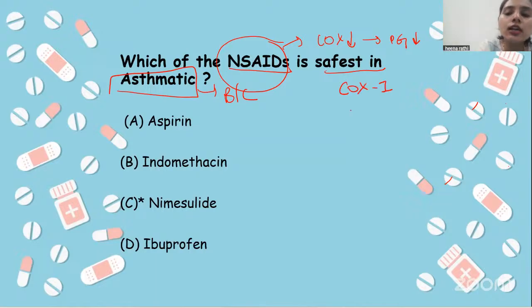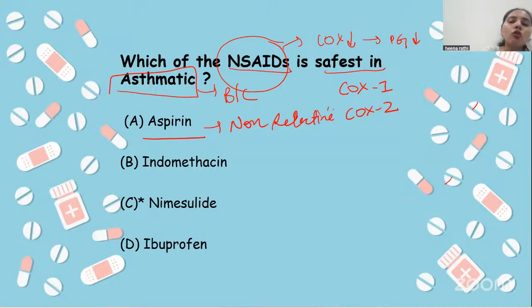We want lesser suppression of COX-1 and COX-2. Aspirin is non-selective, so it is going to have an effect on both COX-1 and COX-2. Indomethacin is also a non-selective type of NSAID, so it is going to block COX-1 and COX-2.